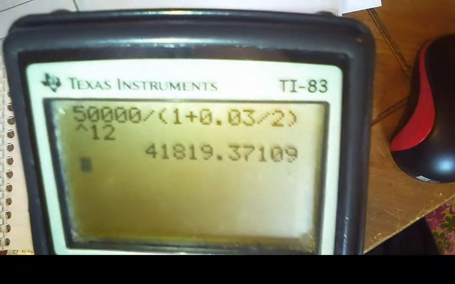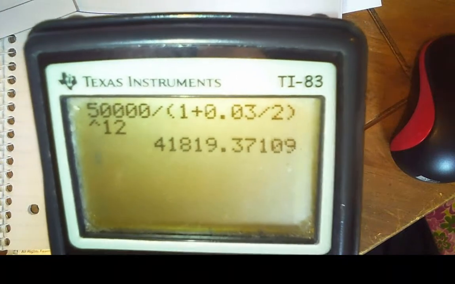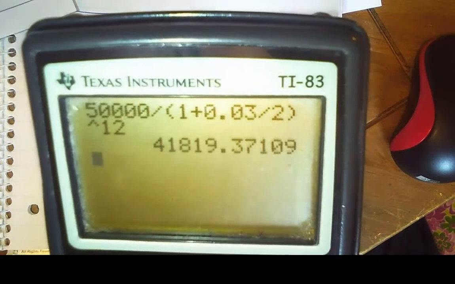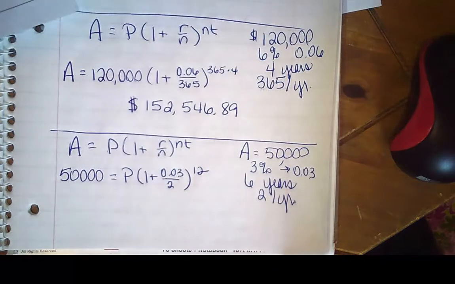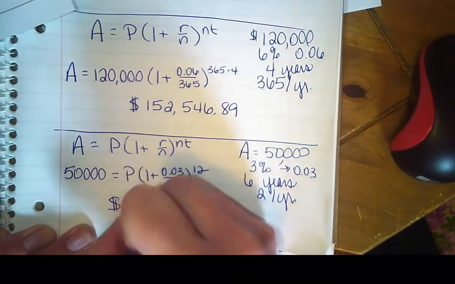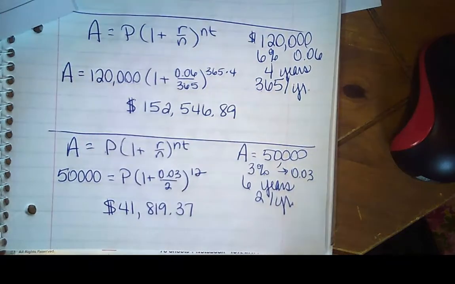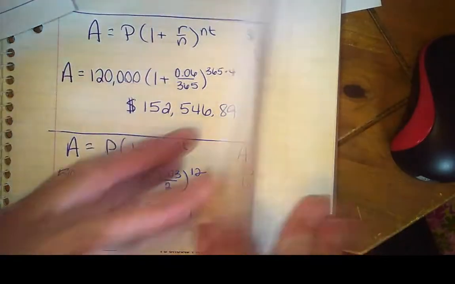Can you see that? There you go. So 50,000 divided by all of that. So I started with 41,819 and 37 cents. That's how much I started with.